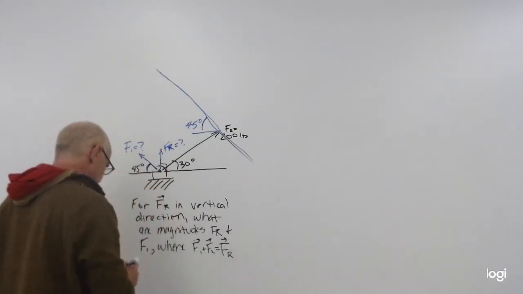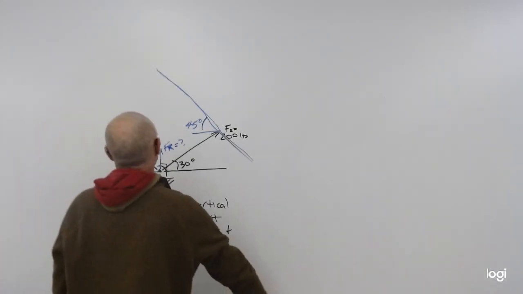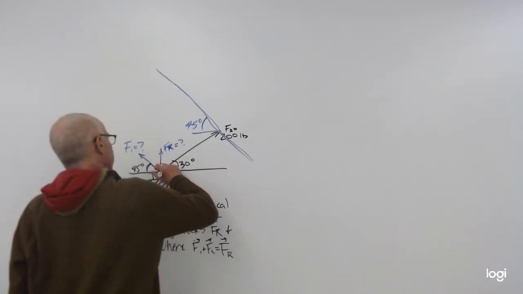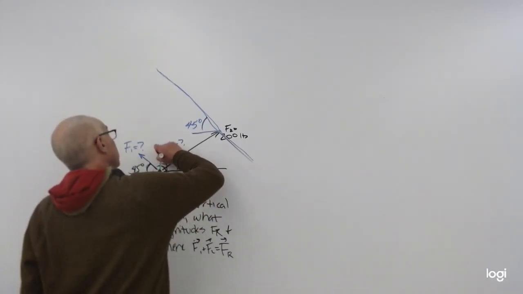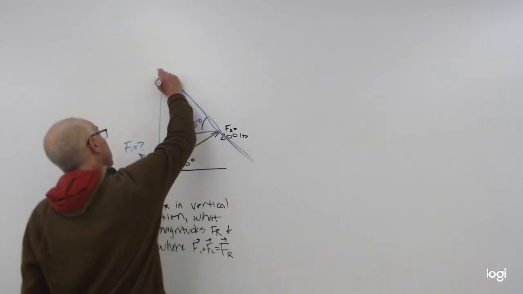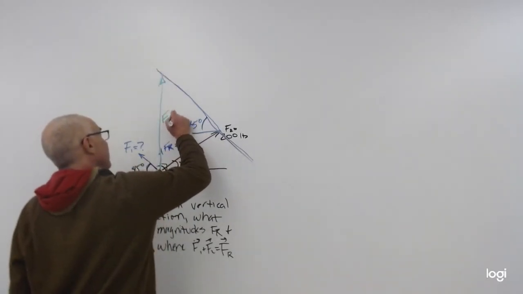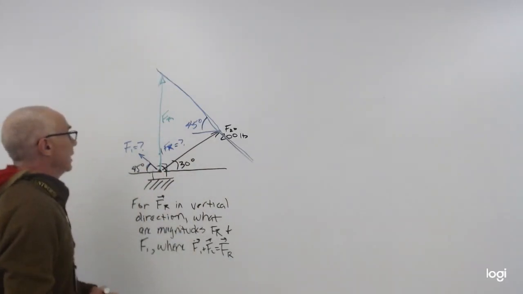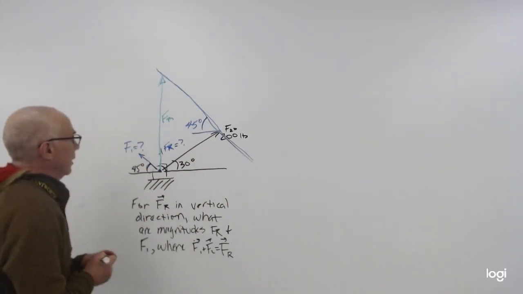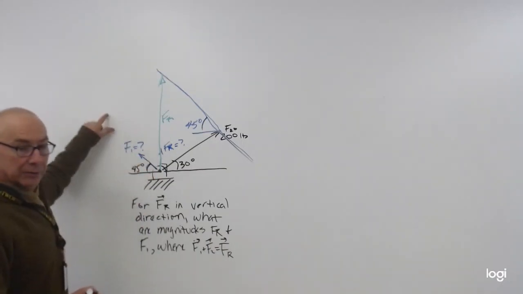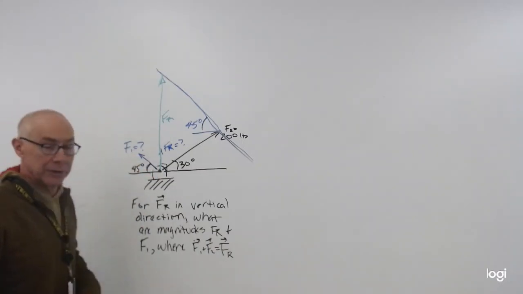So we can, in fact, draw our resultant vector. I'll do it in green. Here is our resultant vector. Perfect, not a problem. So we've done this graphically. There's f of r. Now we can use the parallelogram law again to find out how far out this f1 vector is going to go.